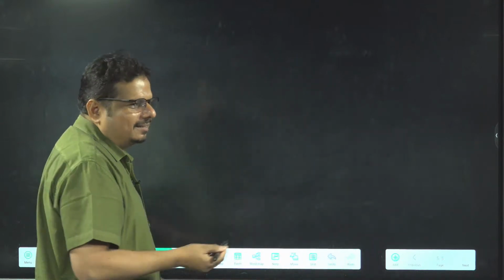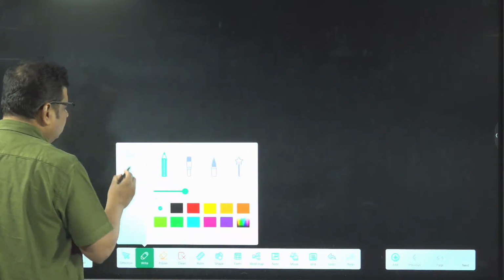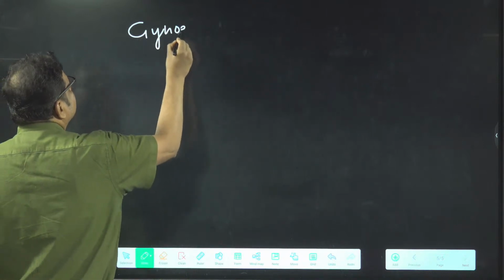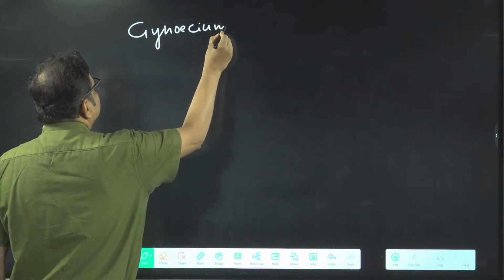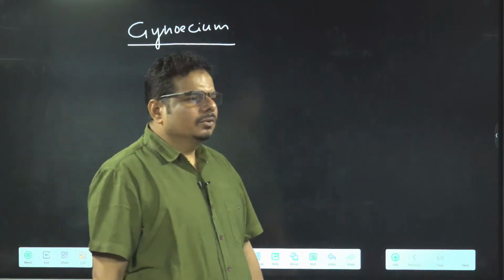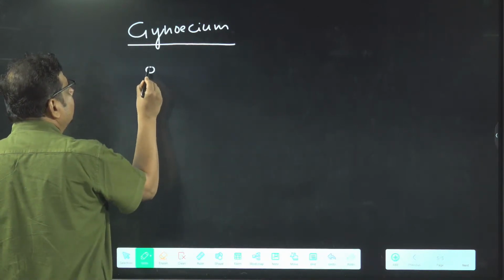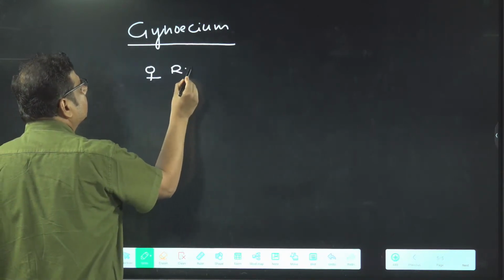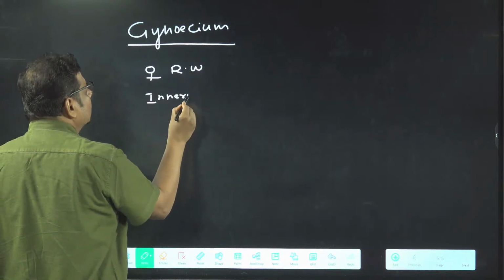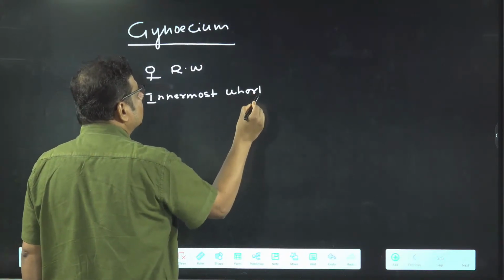Okay, so let's start. We are starting with Gynoecium. Have a look here. If we talk about the gynoecium, it is the female reproductive whorl, and it is the innermost whorl of the flower.